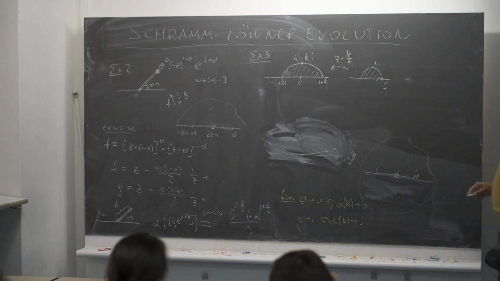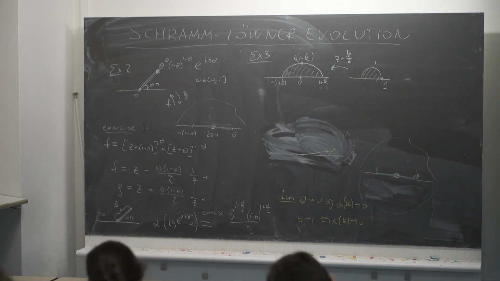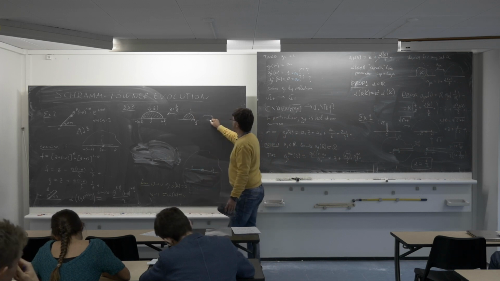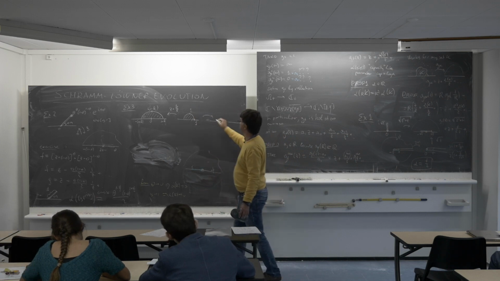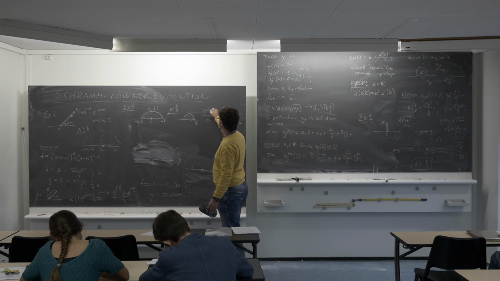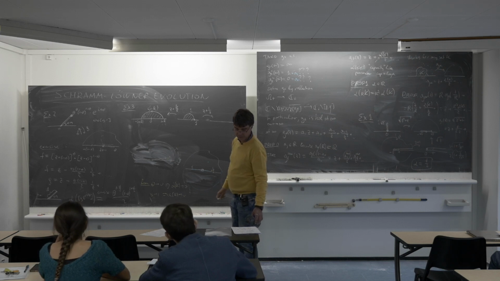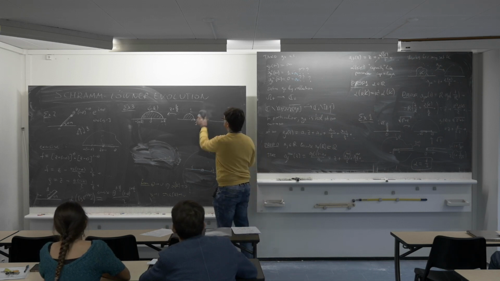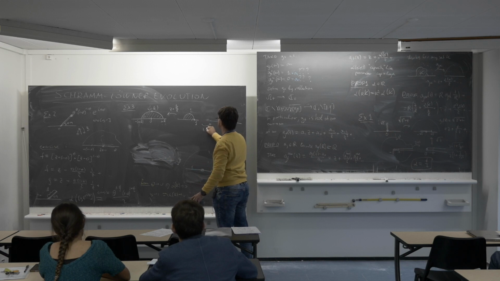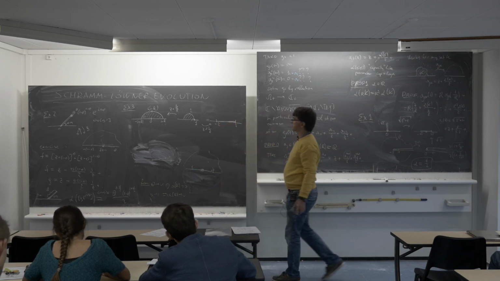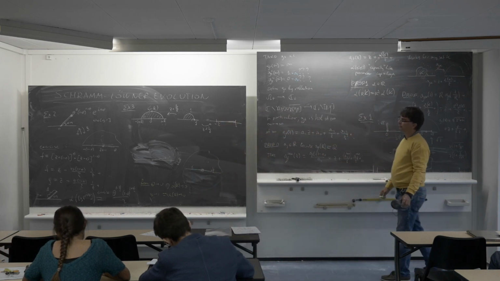Yeah, that's correct. This, in turn, can be mapped by a map z plus 1 over z. Let me maybe just draw it on a different side. Z plus 1 over z. This can be mapped to half plane. So this is the Zhukovsky map.